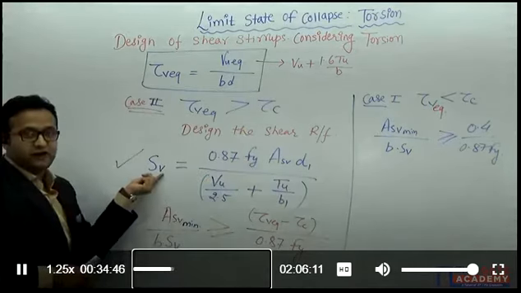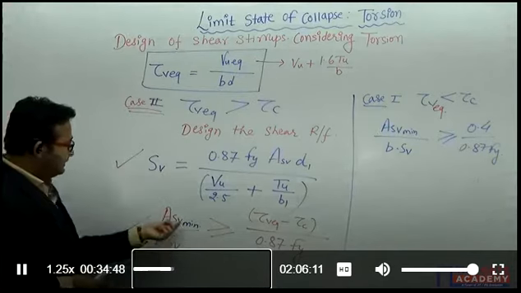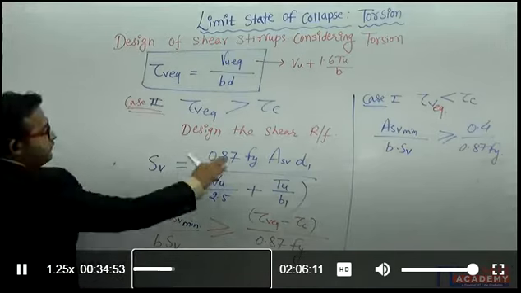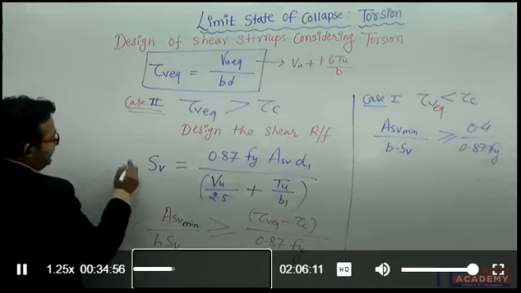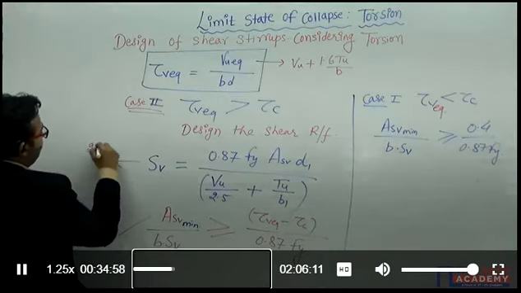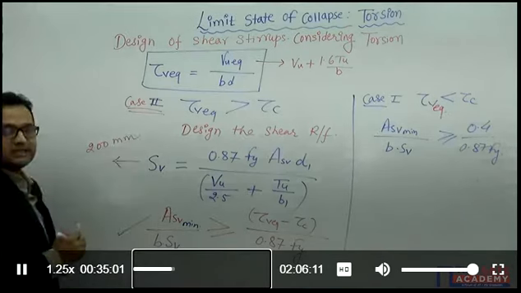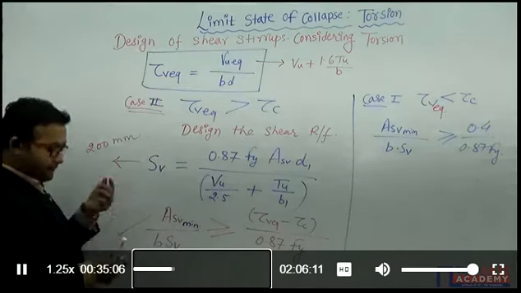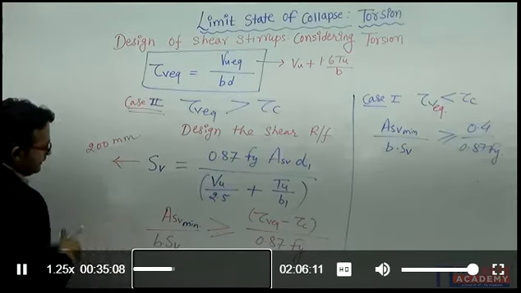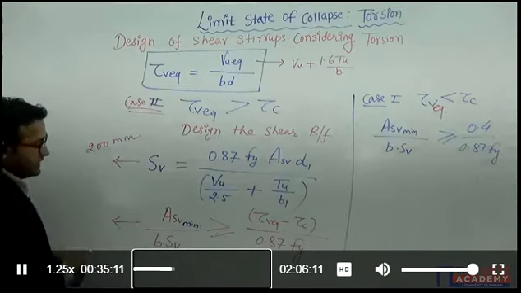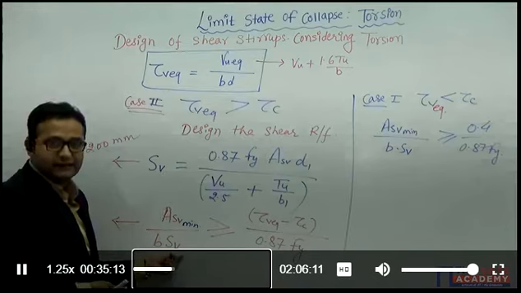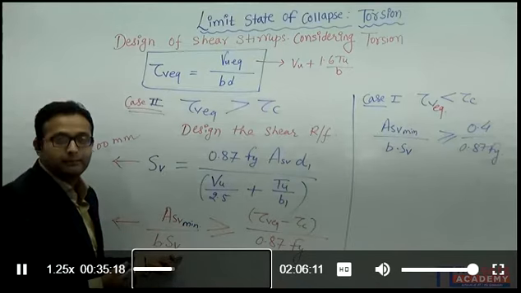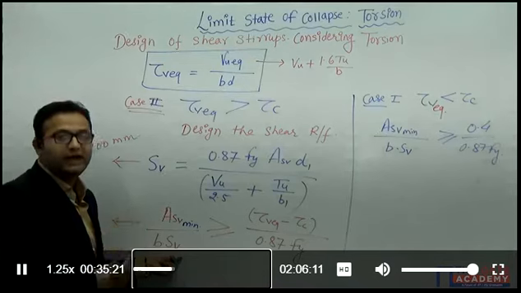Suppose this formula is giving me spacing, say 200 mm. I am interested in calculating the spacing because I need to design the stirrups. Suppose I am providing 2-legged 8 mm diameter stirrups.